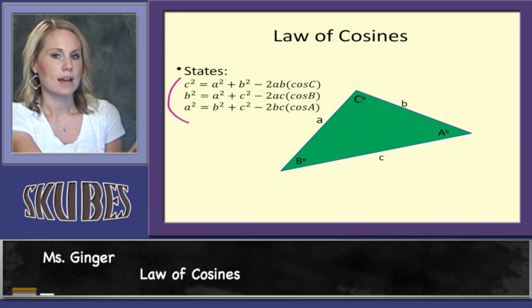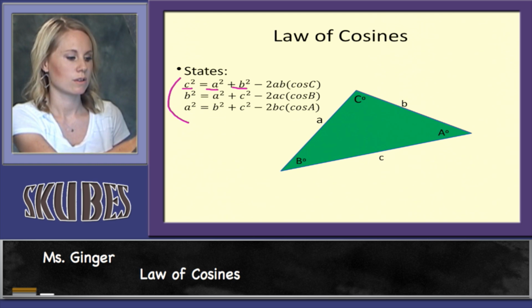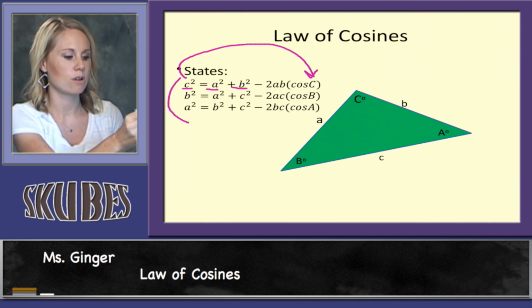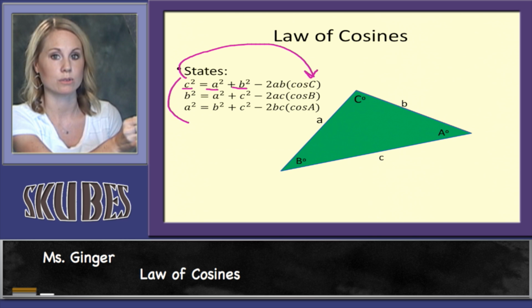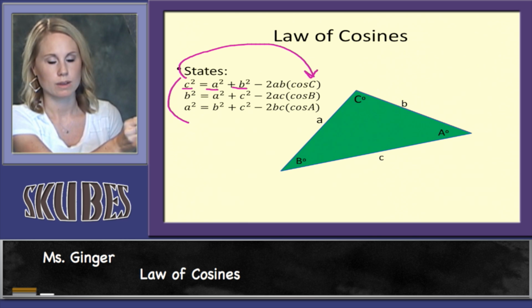You can place your sides, your little letters that you see here, c, a, and b, in your triangle, in any of these arrangements, as long as one of your side-angle pairs that we just looked at is arranged in this way. If you notice all 3 of these formulas, I've got this c out front and cosine of big angle C here. And that should be the first and the last piece in your formula. So be careful about the arrangement here.